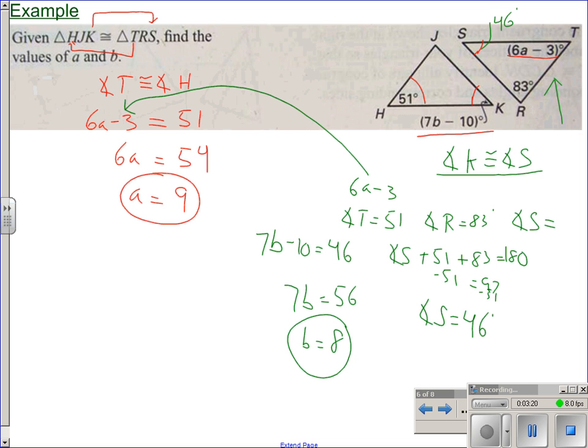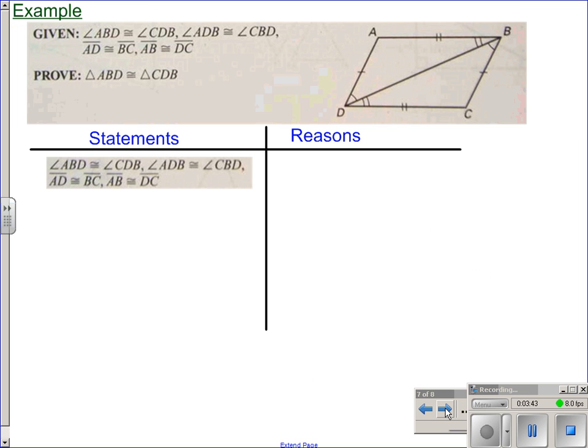There's our values for A and B. So with this problem, you've really got to be using the congruence statement. This statement up here tells you which angles are going to correspond. Maybe you're given side lengths. It tells you which sides correspond so that you know these two are going to be equal to each other. And so it helps guide what you're looking for.